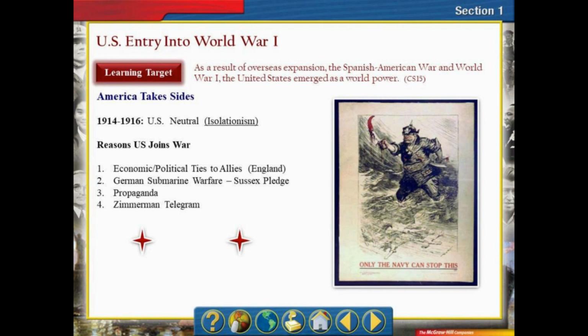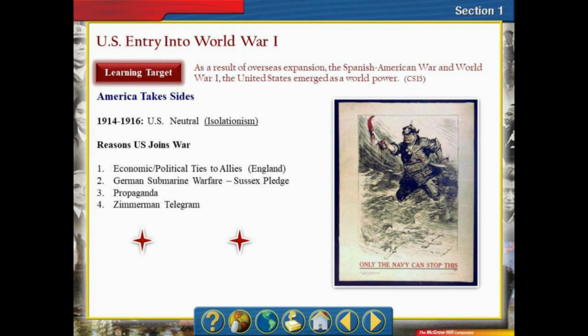And in return, when World War I would be won by Germany, Mexico would be given back some of the territory that they had lost to the United States over the previous 50 to 75 years. And so that was kind of the final straw when this telegram was intercepted and this became public knowledge.